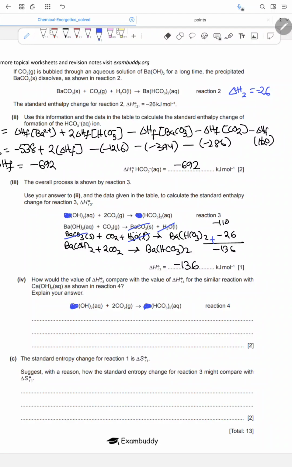So the metals are getting cut out, removed from the equation. So we can say that it will be the same, as the metals are spectators.